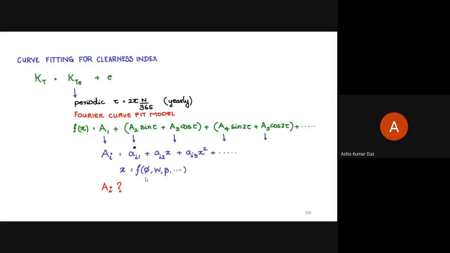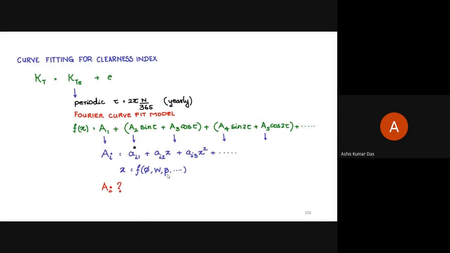And how do we find these coefficient parameters? Each ai is given in terms of ai1, ai2 x plus ai3 x square, and so on. So x itself is a function of many things. What are those things? Phi means the latitude, W means your water vapor, and beta means your tilt angle, and we can consider other parameters also.